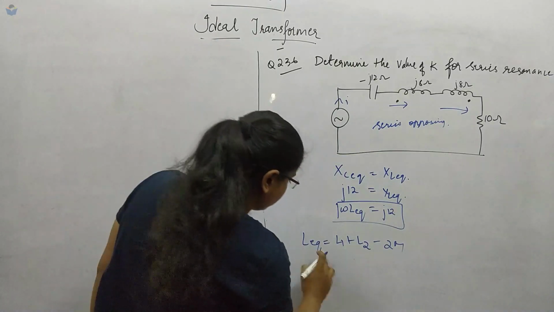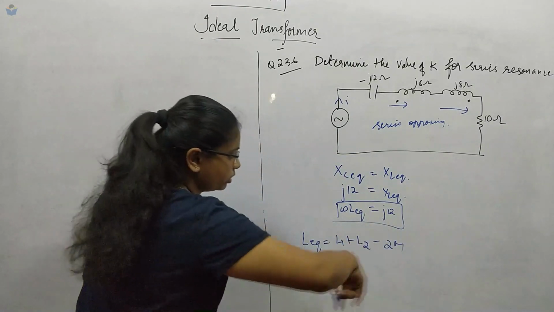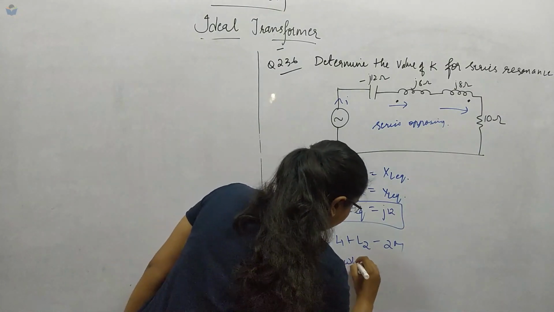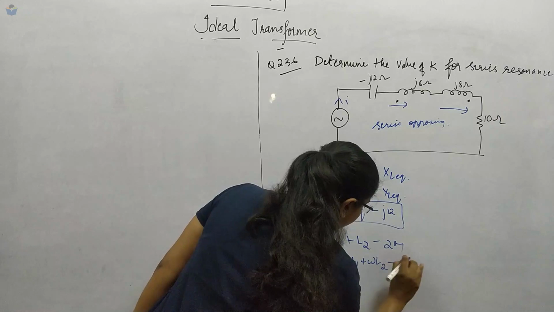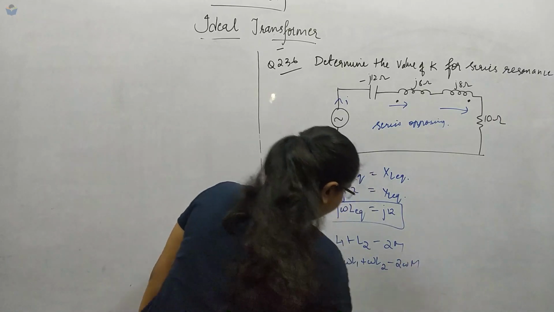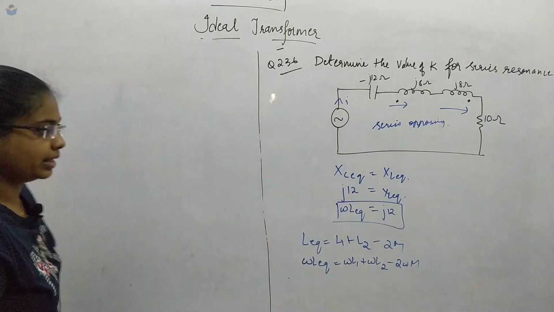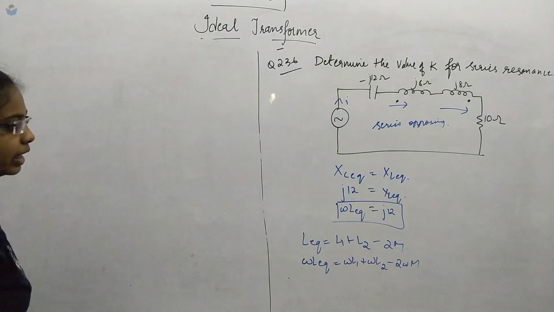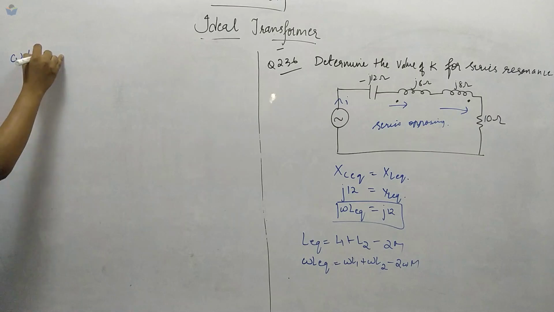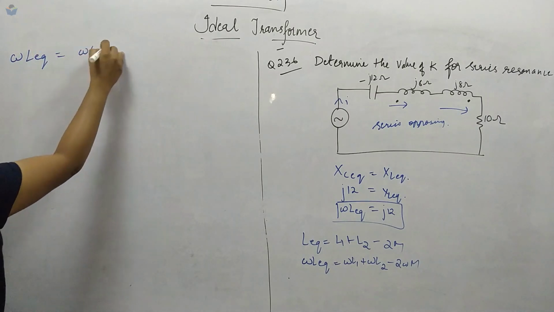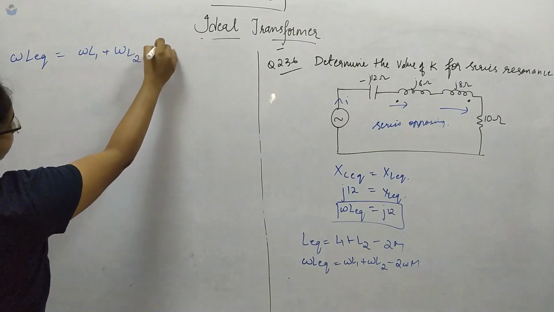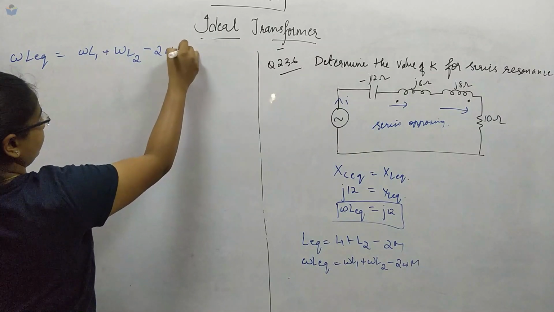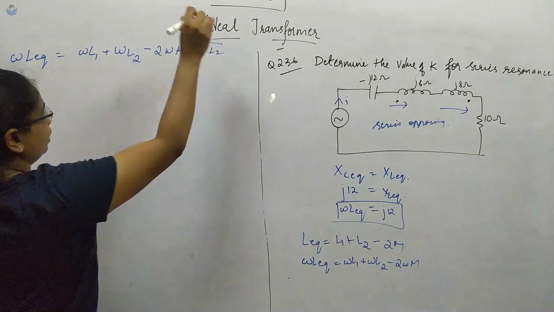Now I can multiply this whole equation by omega: omega L equivalent equals omega L1 plus omega L2 minus 2 omega M. Now I will replace M. We remember that in the first class itself we derived the relation between K, L and M. So it will be omega L1 plus omega L2 minus 2 omega K square root of L1 L2.